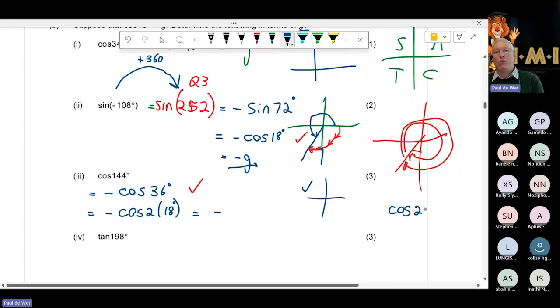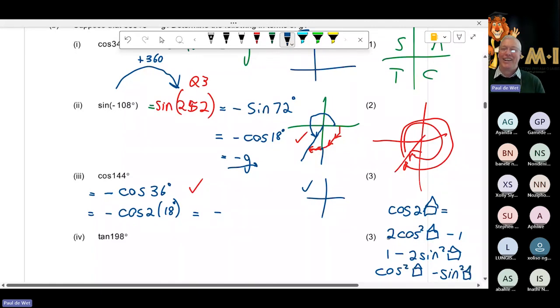You guys are going to think Paul's gone mad now. Cos 2 theta. The one option is 2 cos squared theta minus 1. The one is 1 minus 2 sine squared theta. And the other one is cos squared theta minus sine squared theta.